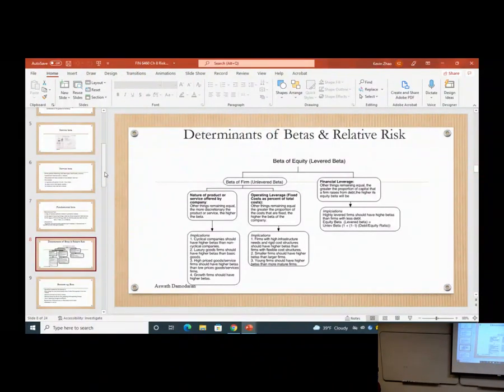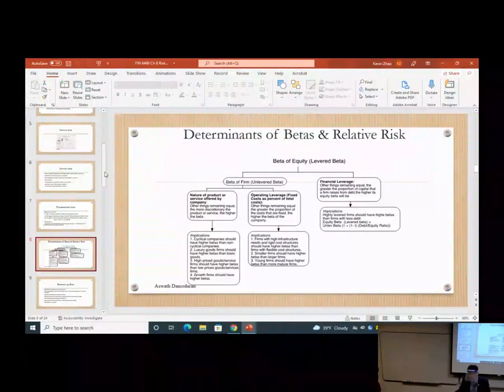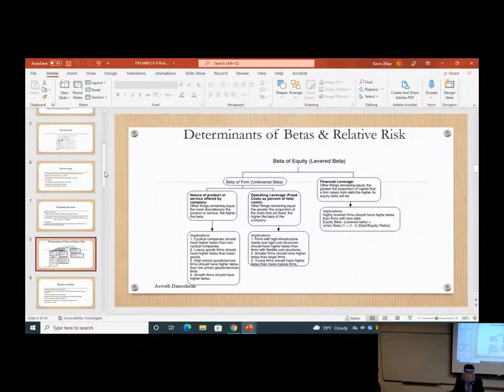The type of business, cyclical or non-cyclical. Second is operating leverage, fixed costs versus variable costs. And the last one is the debt ratio or financial leverage. Those 3 things determine the overall level of beta.